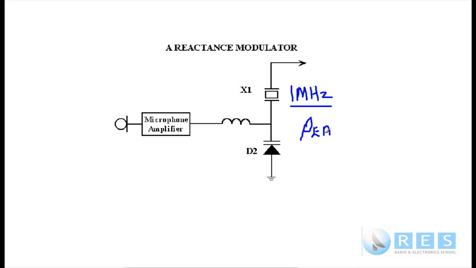So we're applying audio to the varactor, changing its capacitance, which is changing the oscillation frequency of the crystal, and the maximum amount of change in frequency is called the peak deviation. Let's have a look at a practical diagram of an FM transmitter and receiver.